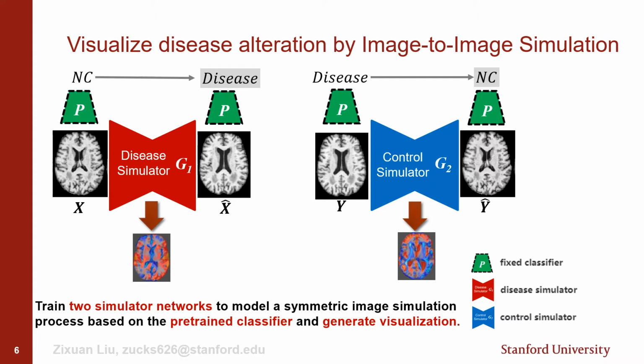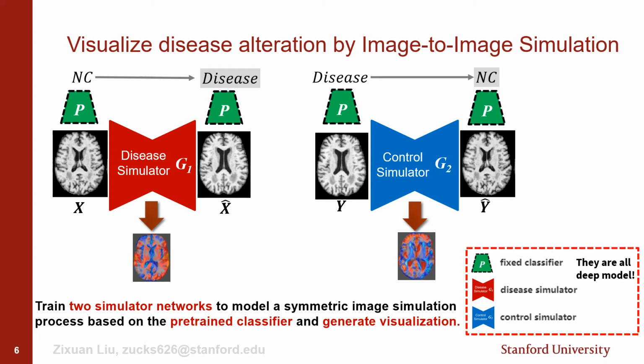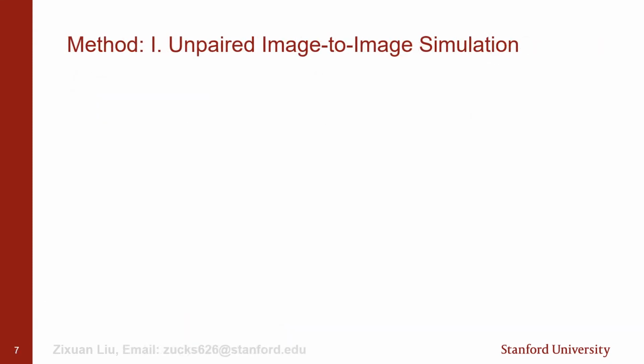Then we can generate visualization maps based on the simulator networks. Since both the trained classifier and the simulator networks are deep vision models, we call this method training a deep model to interpret a deep model.